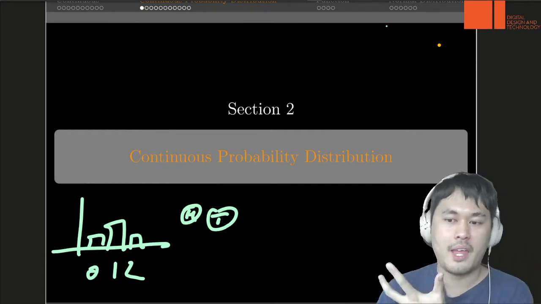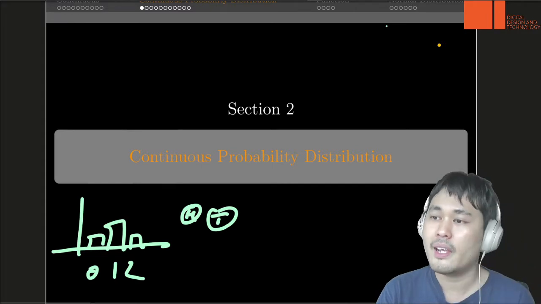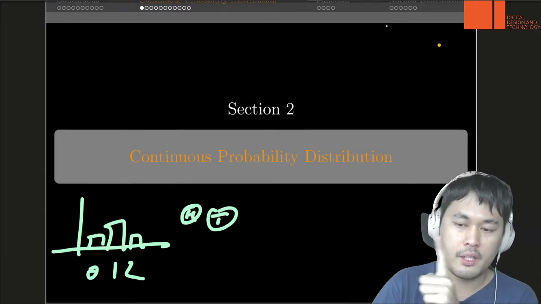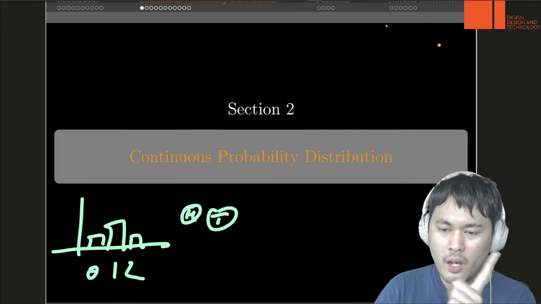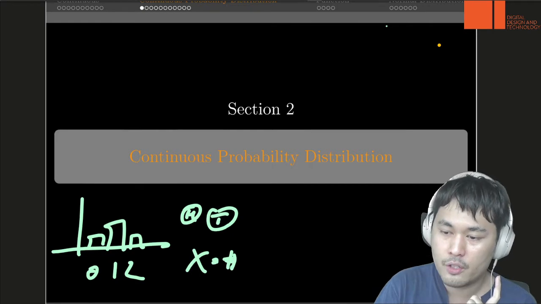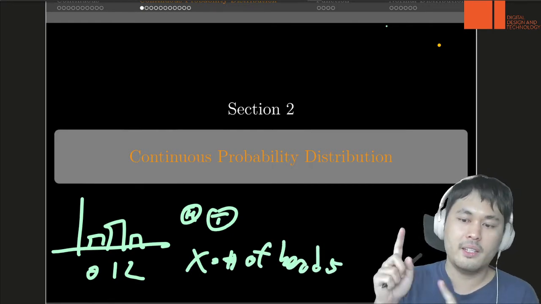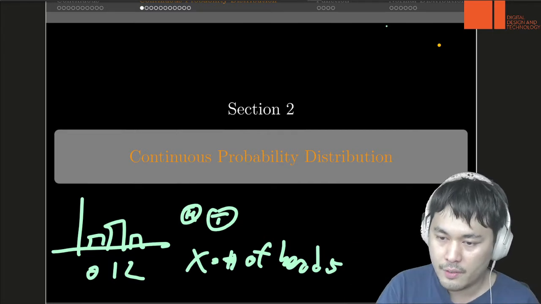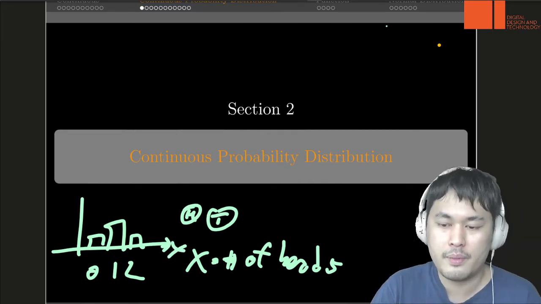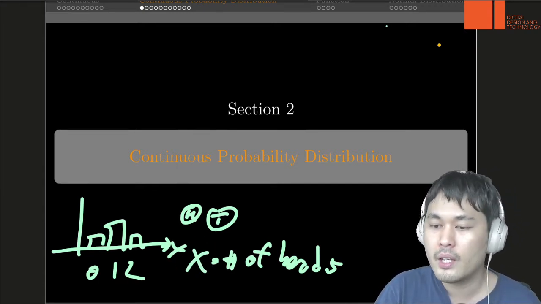So there are exactly 3 outcomes, and that's why we can plot that as a function, where on the x-axis we have all the outcomes, which is x. If we define x to be the number of heads, then on the x-axis we have 0, 1, and 2, all the possible values of this random variable x.